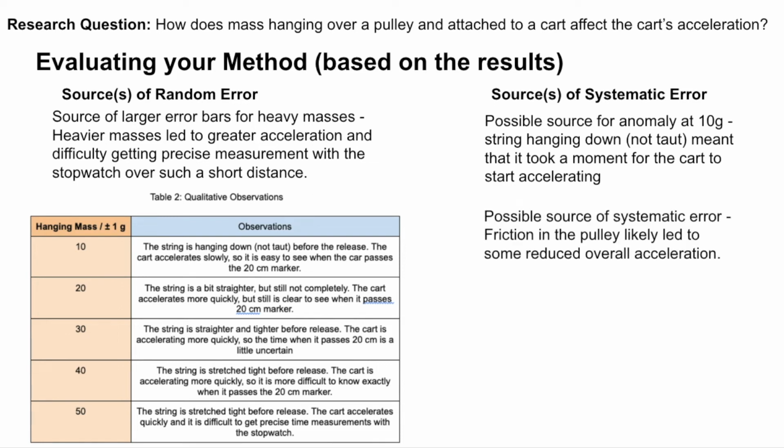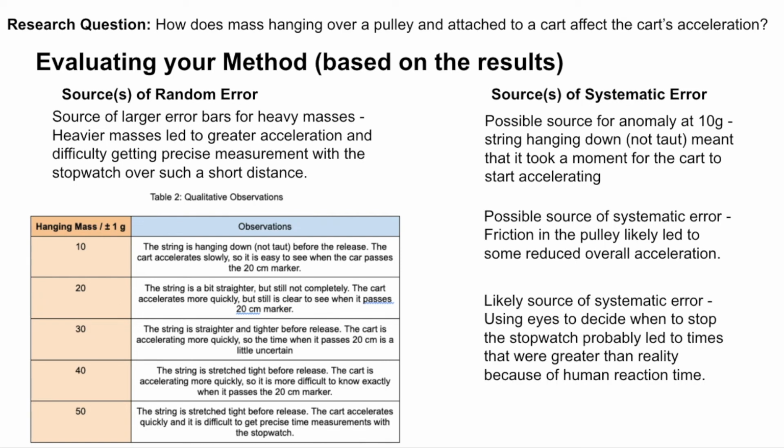Another source of systematic error, this is a common one, especially in physics labs. There's likely to be friction somewhere in your system. So one possible systematic error is friction in the pulley led to some reduced overall acceleration. And one final systematic error, using eyes to decide when to use the stopwatch probably led to times that were greater than reality because of human reaction time.